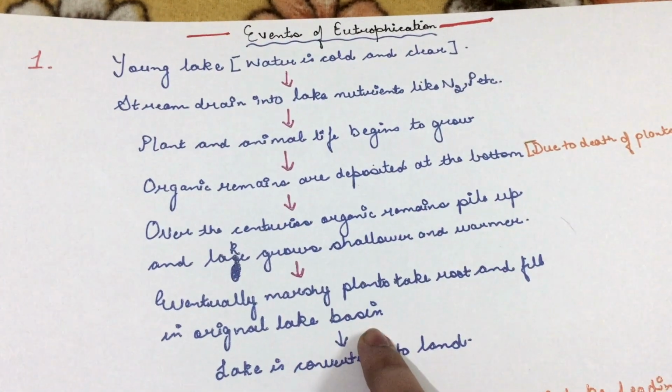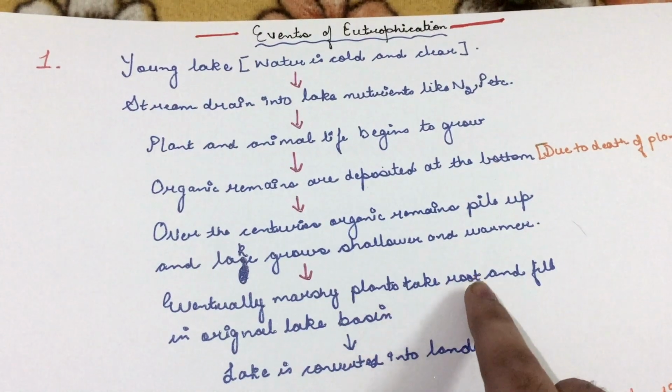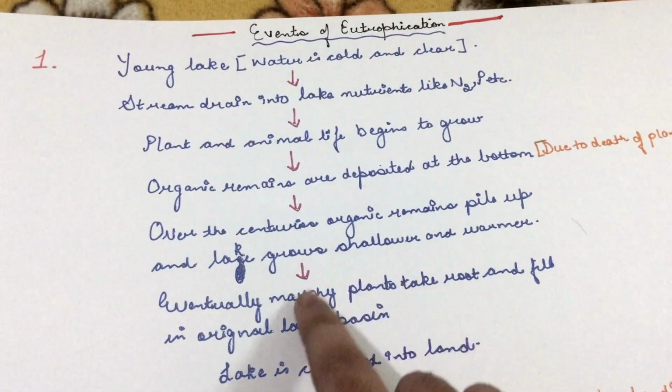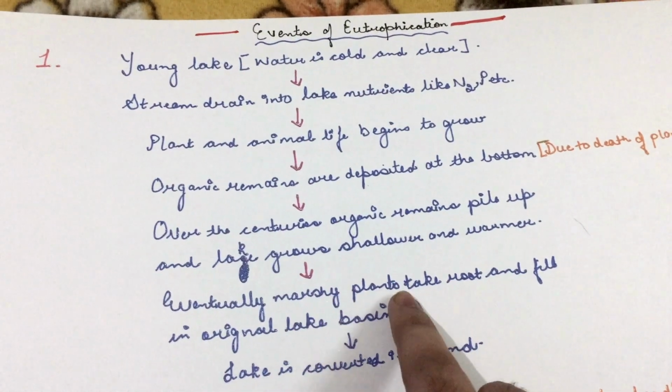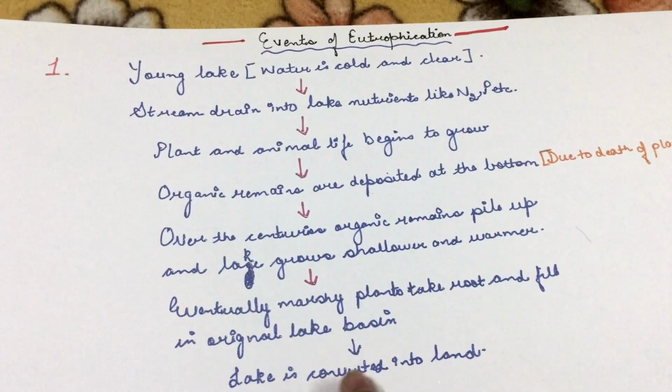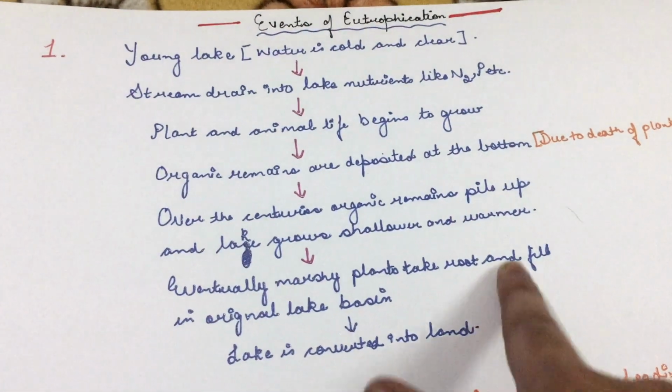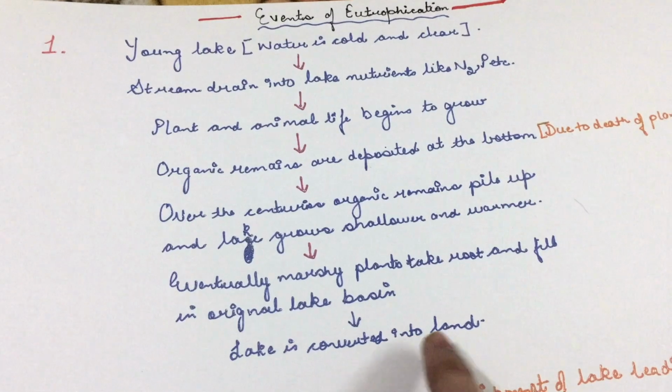And eventually, marshy plants will take root and fill the original lake basin. The whole lake basin would be filled up by marshy plants, and the lake would be converted into land. So, by the entire events of eutrophication, the lake would be converted into a land.